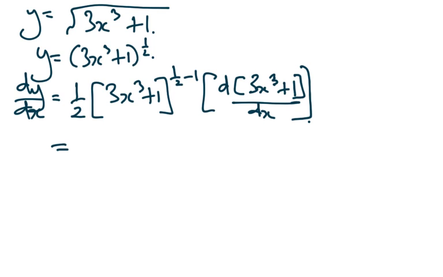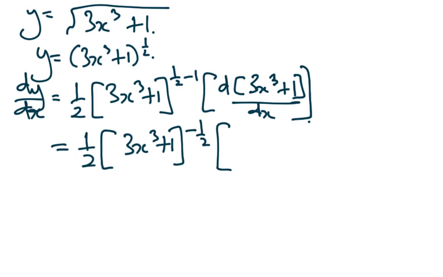So that would give me half (3x cubed plus 1) to the power of half minus 1, which is negative half, and then differentiating 3x cubed plus 1 will give me 9x squared, and plus 1 becomes 0.